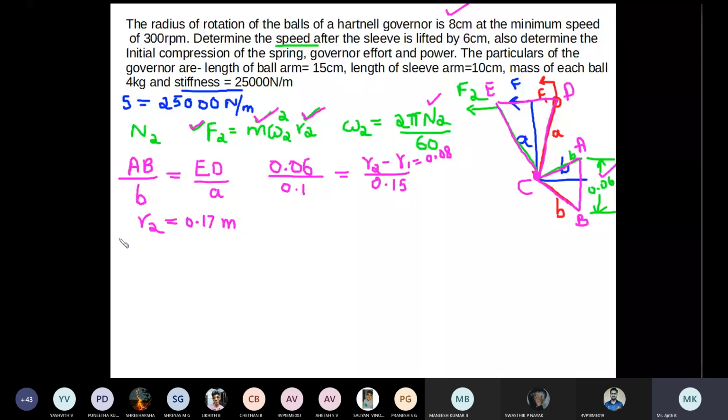So at this point the moment is given by F1. This is for the minimum position.